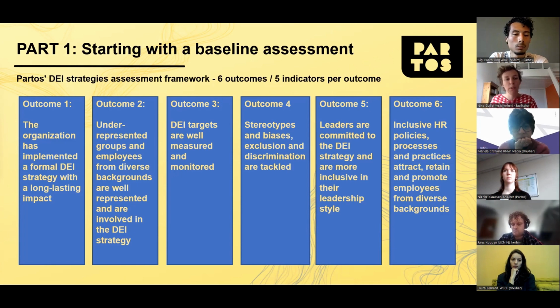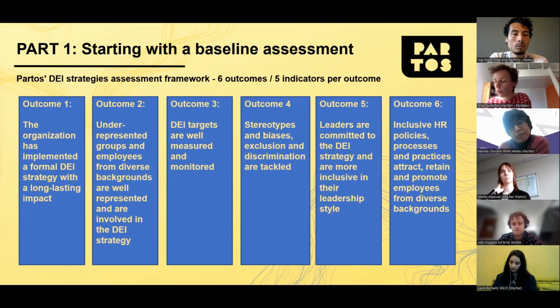So for instance, now we are focusing on outcome 3, which is DEI targets are well measured and monitored, because this is all about it in this workshop. And we have set some indicators, 5 indicators, which are, for instance, does your organization have set clear targets, goals, and indicators to measure the progress and diversity in your organization?